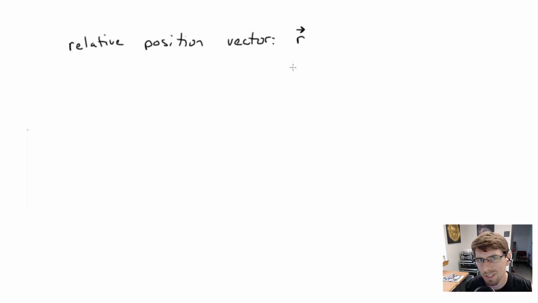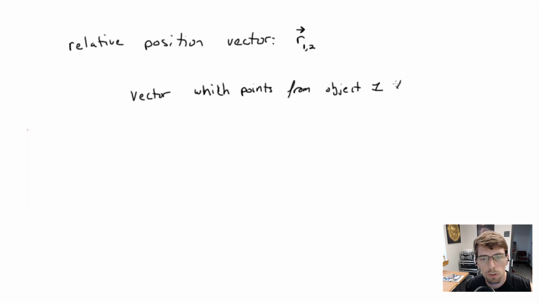Generally I will represent this with an R, so it looks like the position vector, and then down, I usually put subscripts, like a 1 and a 2, object 1, object 2. What is this? This is the vector which points from object 1 to object 2.